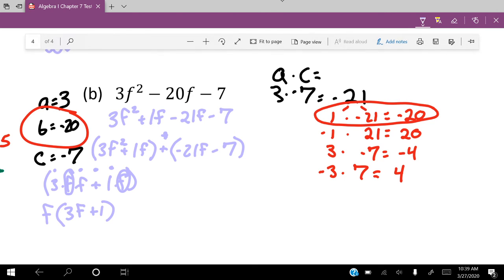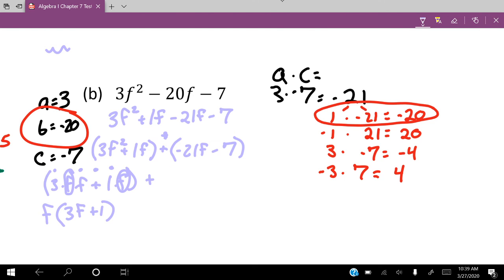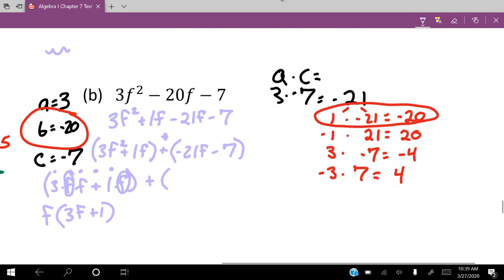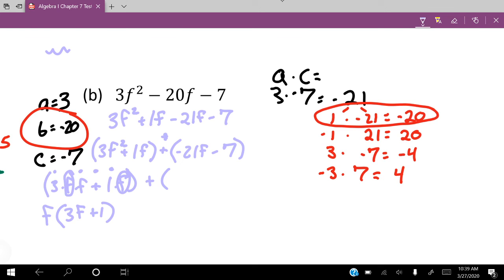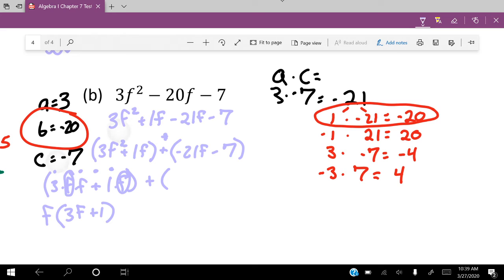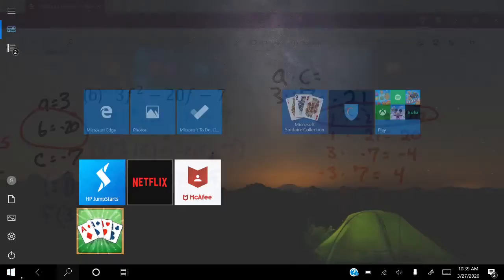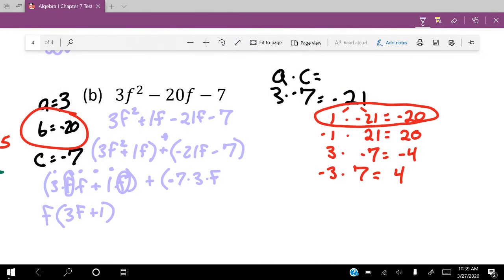All right, now I'm going to go ahead and break down negative 21f and a negative 7. So negative 21 can break down to a few things. First off, we know that negative 21 can actually break down to negative 7 times 3 times f. Negative 7, I'm actually going to break down to two things.